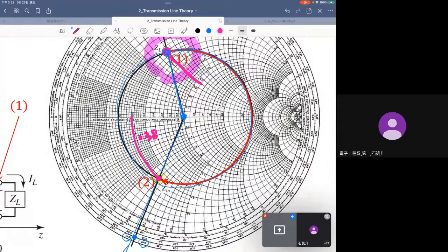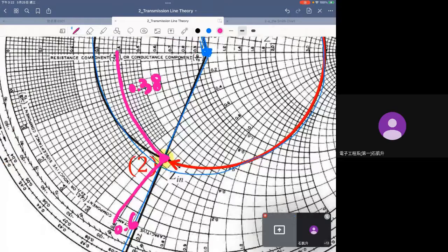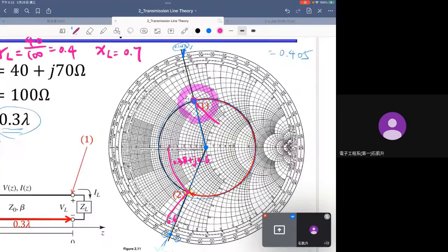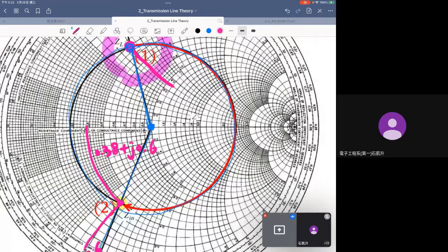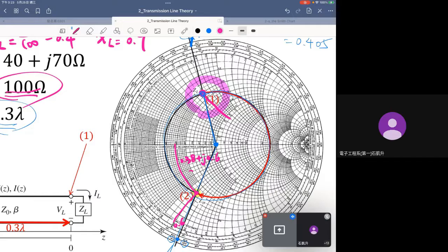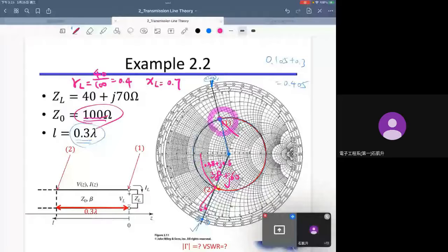The imaginary circle of this one is 0.6. Okay, and what you need to do, it is unnormalized, it times 100. So it's probably 38 plus j60. So what is the answer of that? I don't have the answer of that, then you can check.